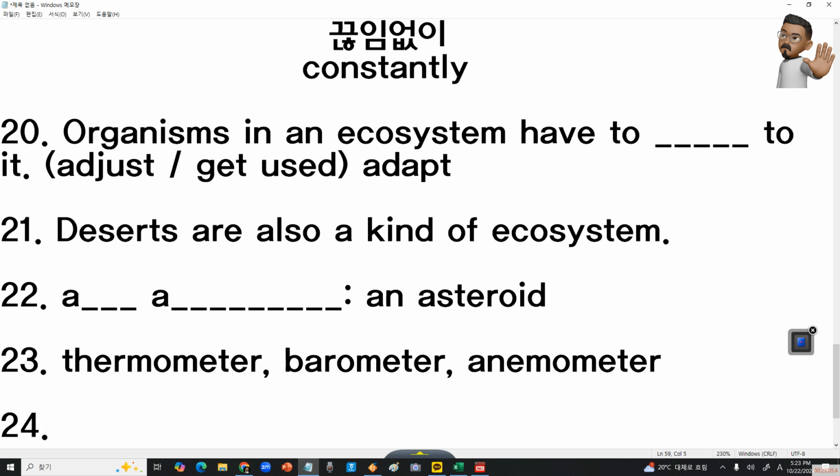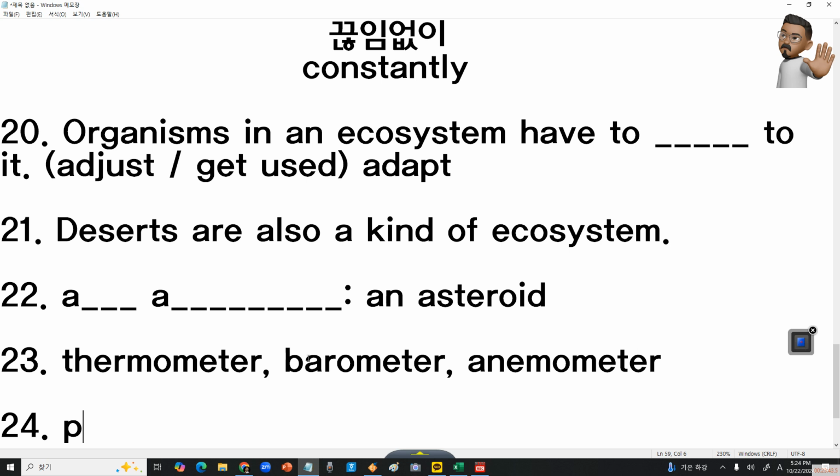24. When the water droplets in the clouds get heavy, they fall in the form of blank. 3, 2, 1, up.